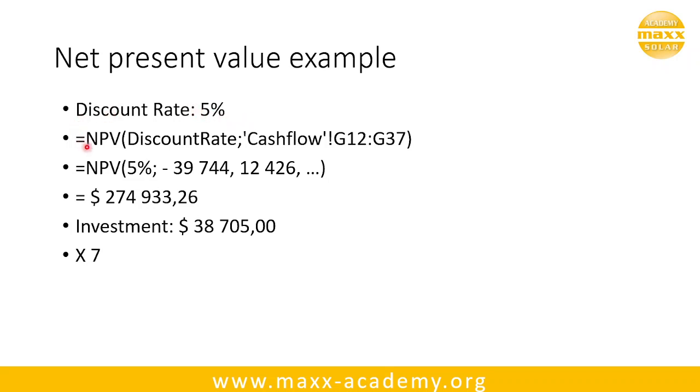So we say NPV equals and in brackets your discount rate and then your cash flow range. In this case it would be 5%, and that will be the first cash flow and the next cash flow and so forth. If we enter all of that, it will give us a net present value of 274,000. That was done over 25 years, and the value of all those cash flows is 274,000.